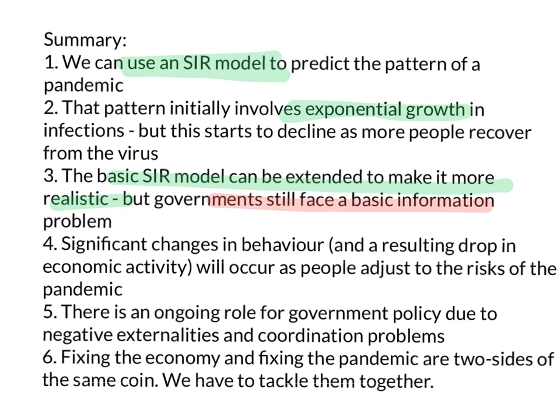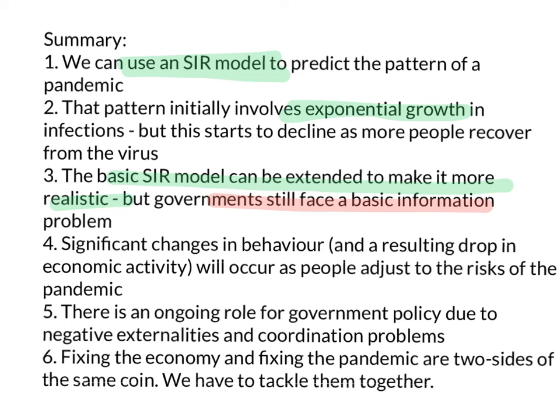It's not going to know how likely people are to be infected if they're exposed to the virus. It's not going to know how long it takes to recover. What's the likelihood of recovering or dying? How many people will need critical or intensive care in hospital? All of those are unknowns that the government has to work out while the pandemic is in progress, because it's the progress of the pandemic that provides the government with the information it needs.